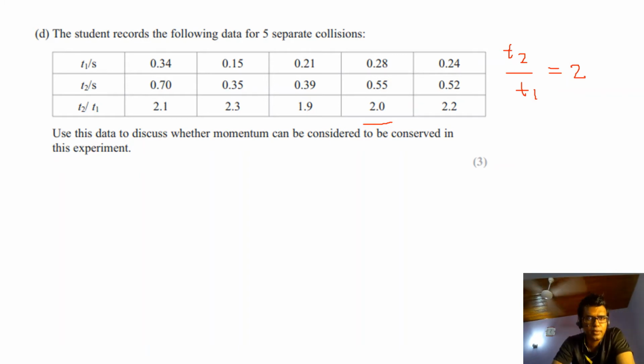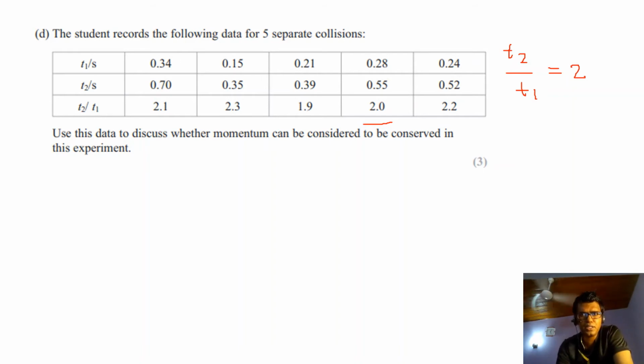Use this data to discuss whether the momentum can be considered to be conserved in this experiment. Now if the momentum is conserved, we know that T2 over T1 should be 2. Right? We already proved it. So how do we deal with this set of data to prove that the momentum is conserved?